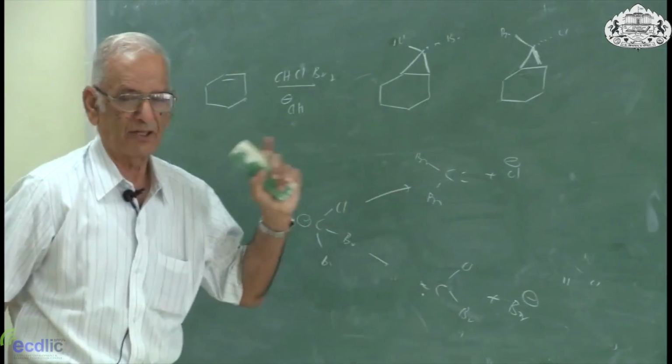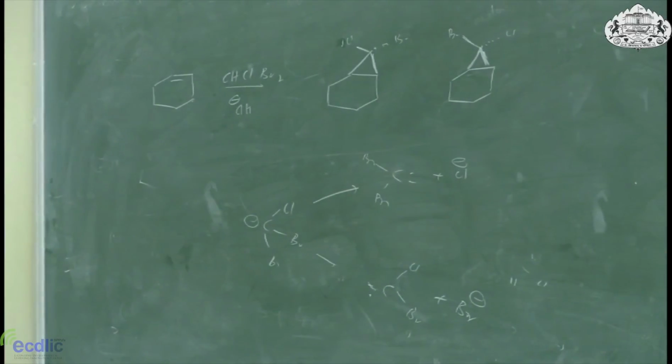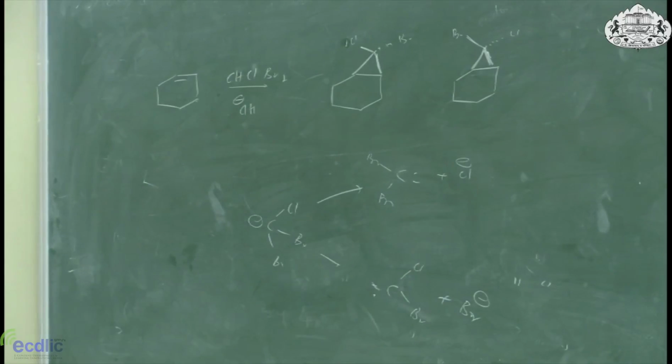Why this, not this? Which is better? Cl minus is better or Br minus is better? Dispersal of charge is more in Br minus. Dispersal of charge, hence it is stable. What I was trying to say is, since Cl is more electronegative, Cl minus is in principle better than Br minus.